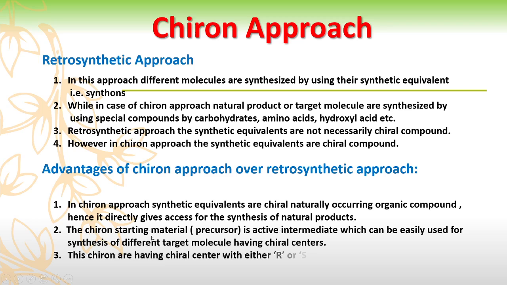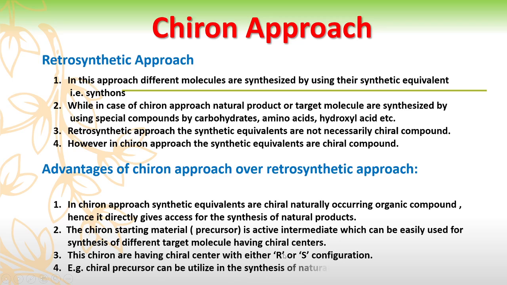Okay, and the Chiron starting material, that is the precursor, is an active intermediate which can be easily used for the synthesis of different target molecules having chiral centers. It means the natural product which is synthesized has some chiral centers, and the precursor is also a chiral compound and is naturally available.